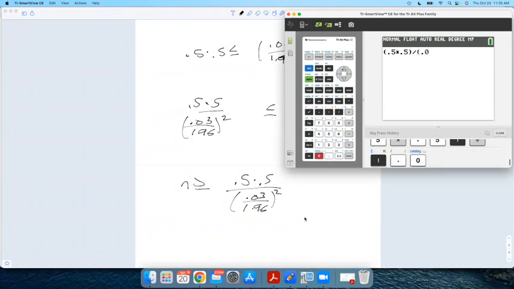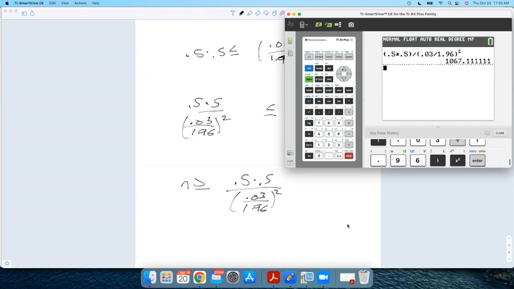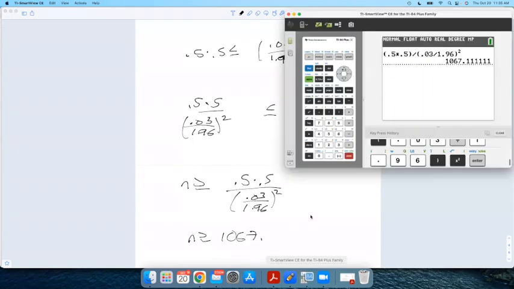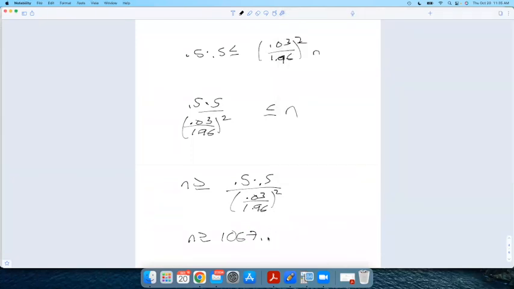So 0.03 divided by 1.96, squared. And we get that. So that says n is greater than or equal to 1067 point, I think it was 1 something or other. 1.